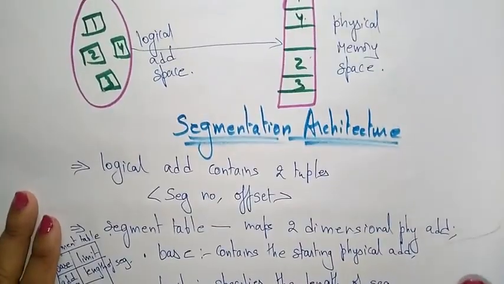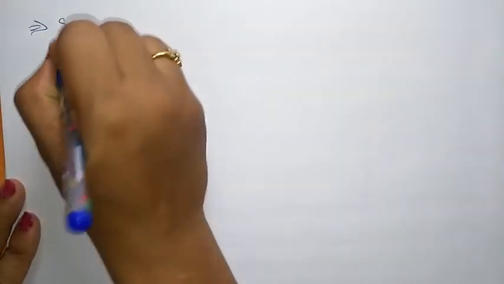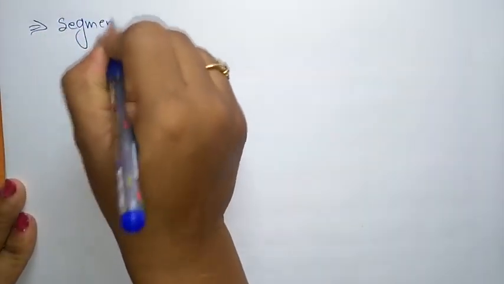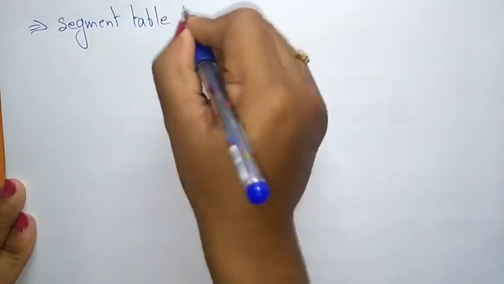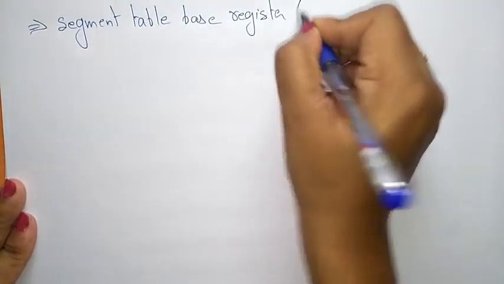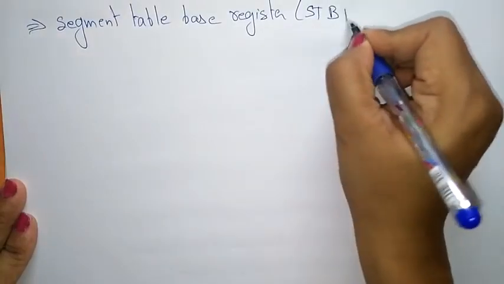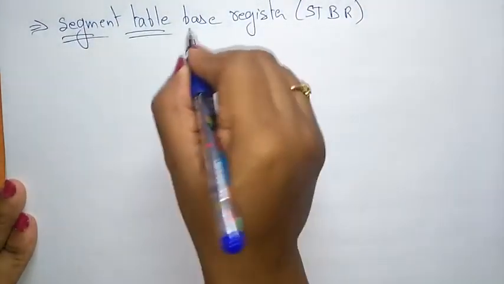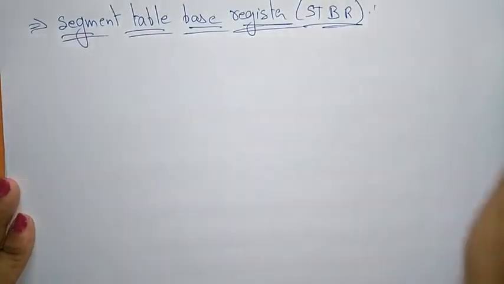Now let us see the segment table base register. Here you have some terms in the architecture, that is the segment table base register, STBR. What does STBR mean? Segment table base register.